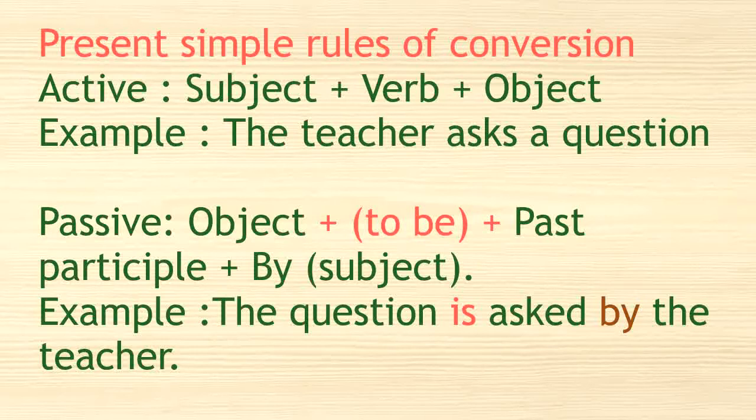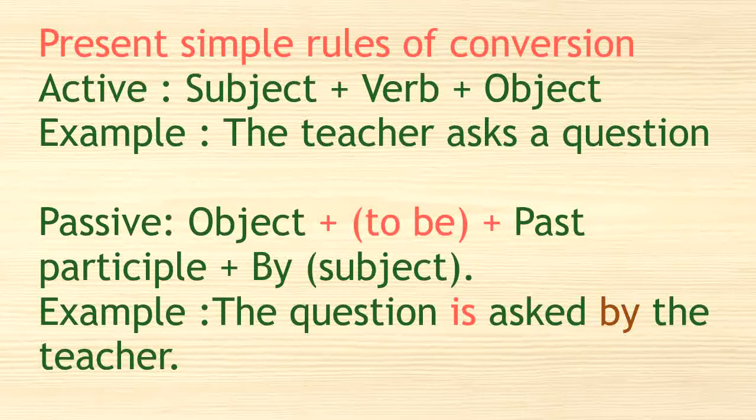So when we transform a sentence from the active voice to the passive voice, the first thing we do is we transform the subject into the object, and the object into the subject. In the active voice, we start with the subject, and in the passive voice, we start with the object. In the active voice, we end with the object.